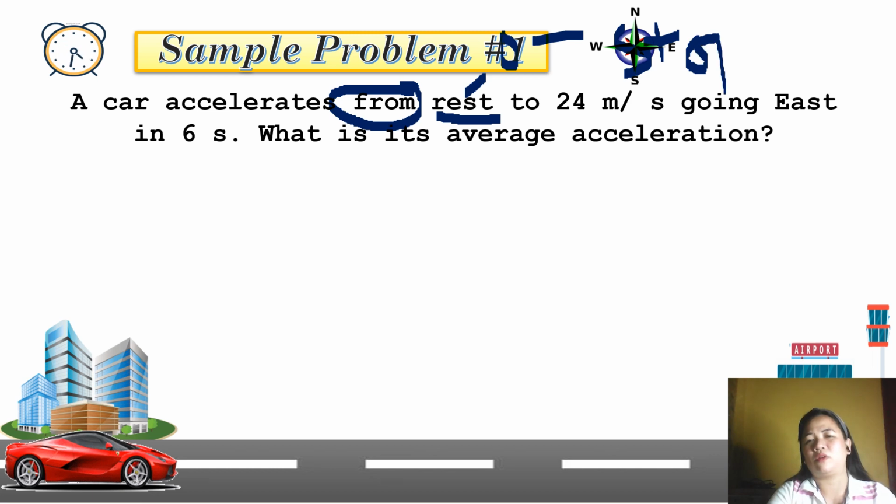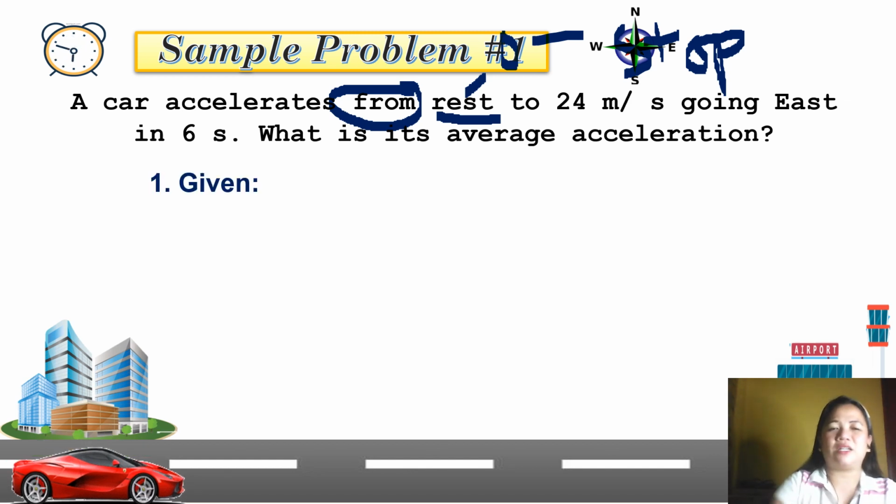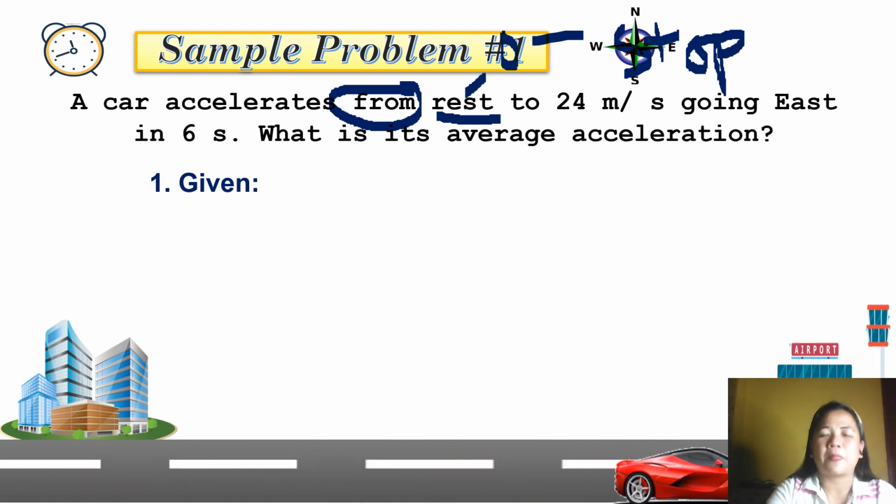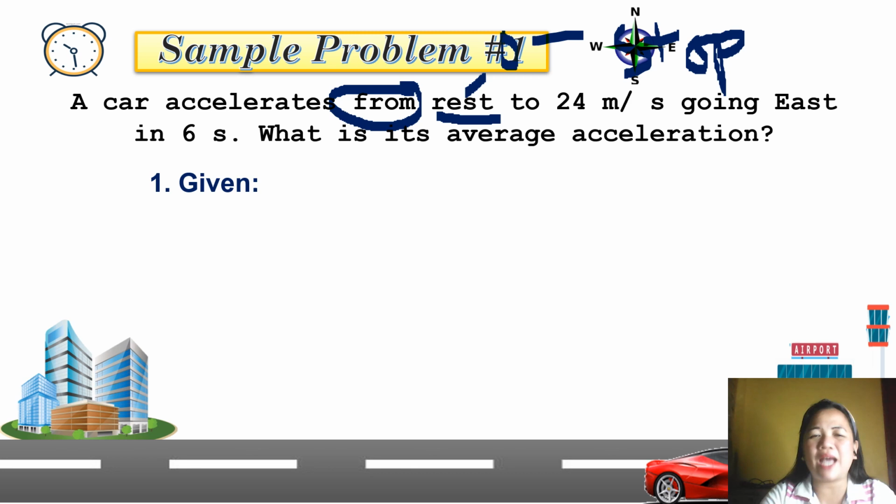Okay, so nag-stop. So sabihin, yung car from stop, naging 24 meter per second siya going to the east in the span of 6 seconds. So we have to look for our acceleration. Anong given natin? We have to look for our Vi. Our Vi is our first velocity, our initial. Since from indicates siya yung nauna.